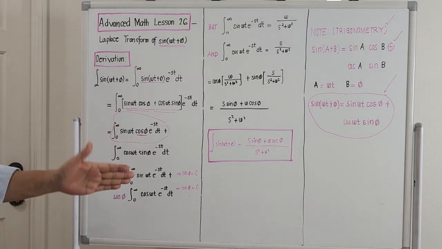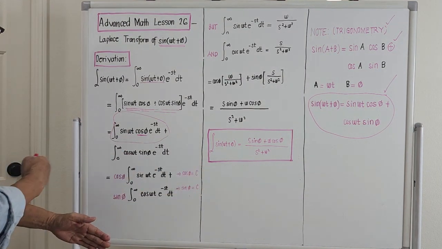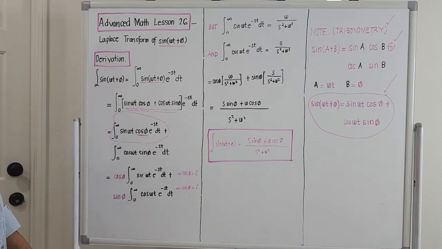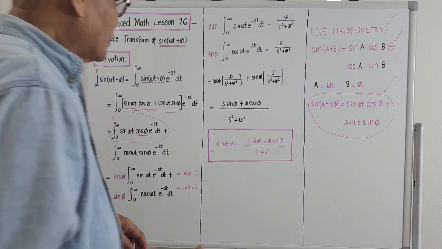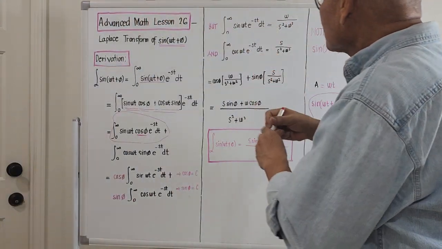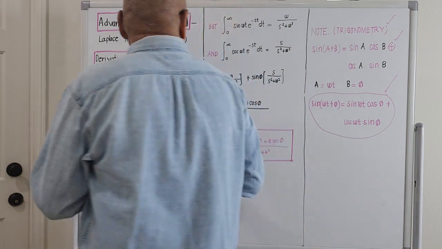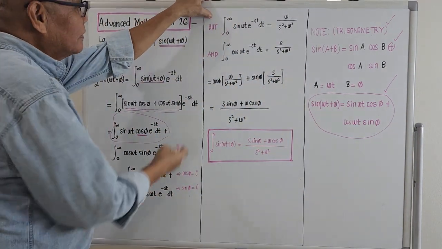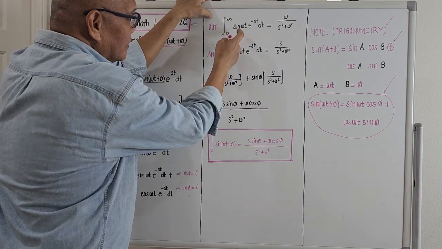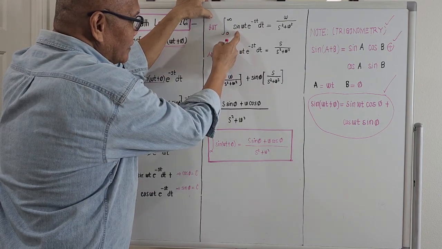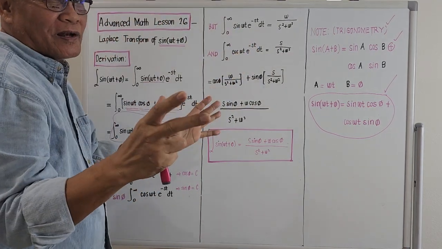Okay, so you now know the reason why this cosine and sine came out from the integral sign. For proceeding with the solution, I will place it here: the integral from 0 to infinity of sine of omega t, e raised to minus st dt.